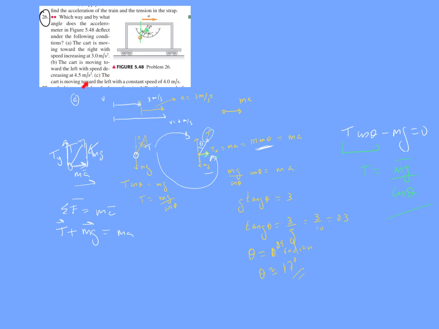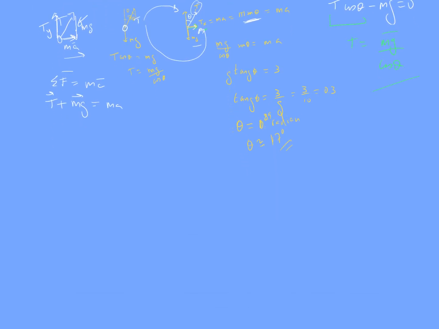The car is moving toward the left with constant velocity 4 meters per second. The sum of all the forces is 0, so the angle should be 0. In this case, the situation is like this. This is the train, this is the ball. The acceleration is 0, so there is no change in velocity.